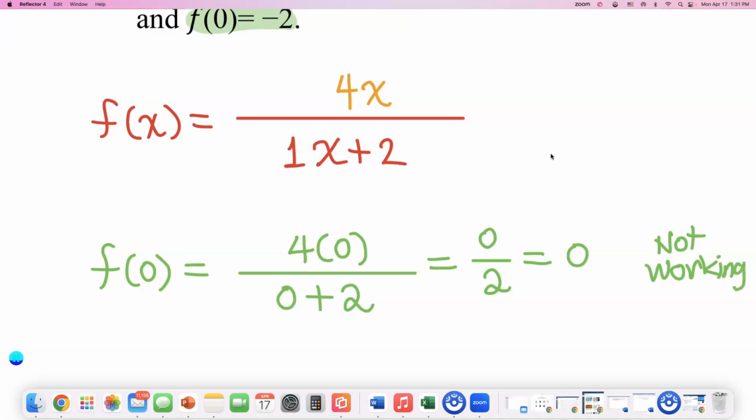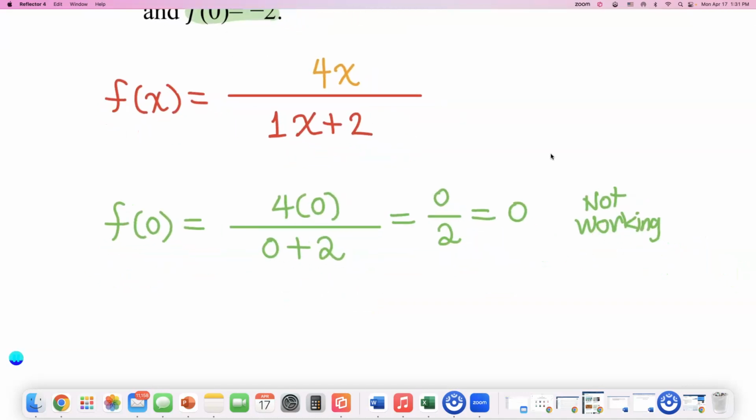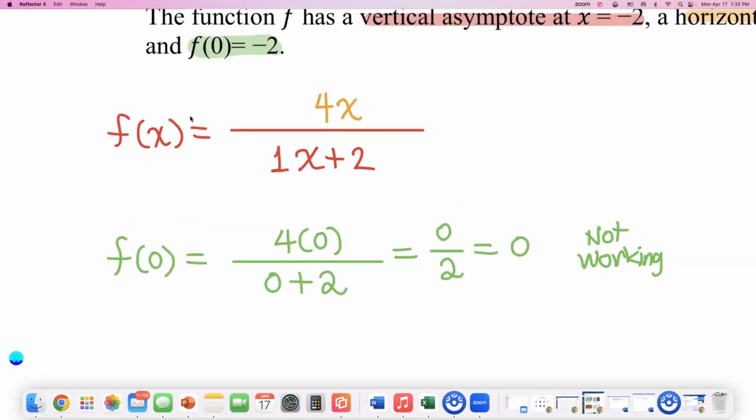So once I check that this doesn't work, I have to think about how to fix my f of x so that it comes out to be -2. Now, think about this for me, okay? I'm going to change some numbers around. I don't want 0. I want -2. That's what they want, right? They want f of 0 to be -2.